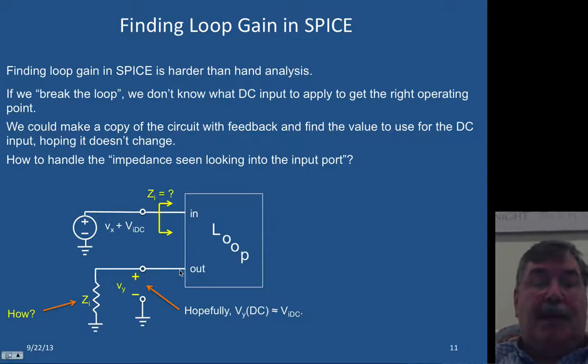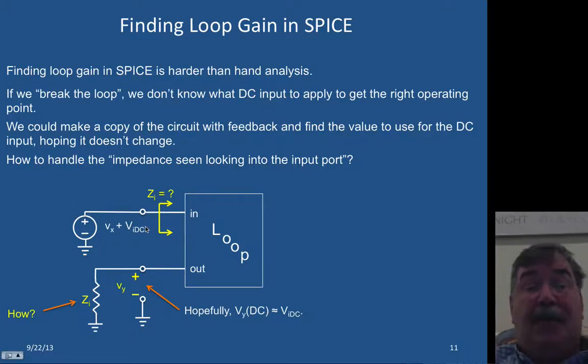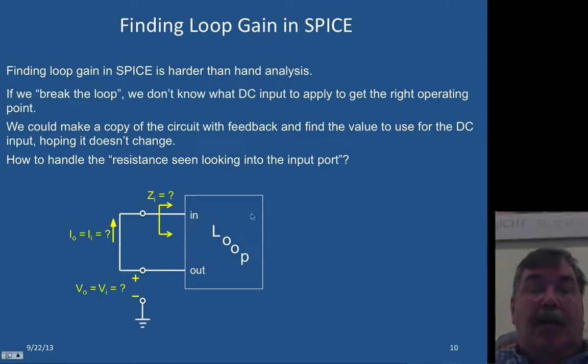That's especially a problem in high gain circuits like op amps. You really have to have the input specified to very high precision in order to get all the transistors even to work. There are some tricks you could do. You could make a copy of the circuit and close the loop.